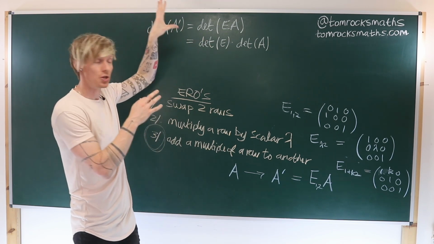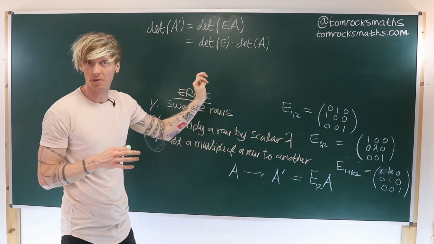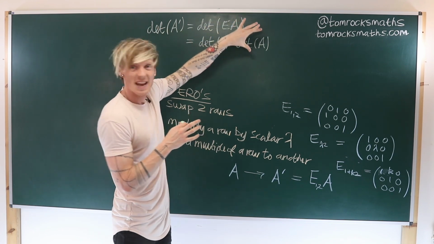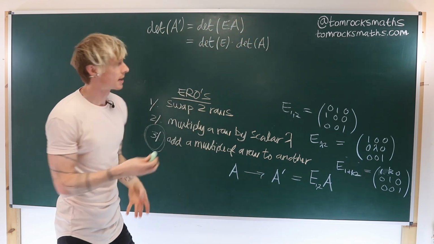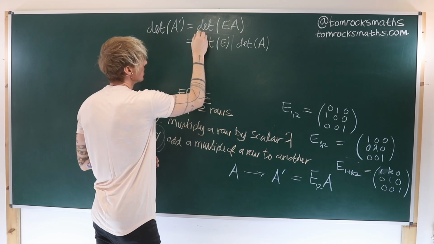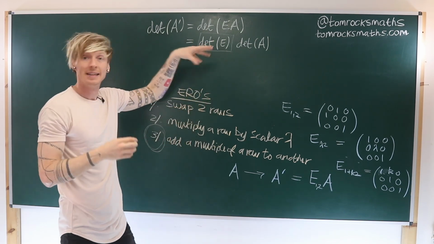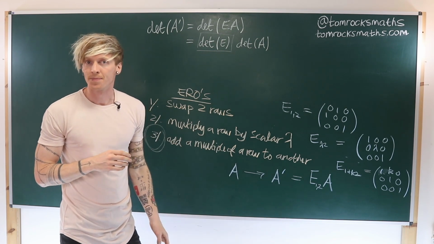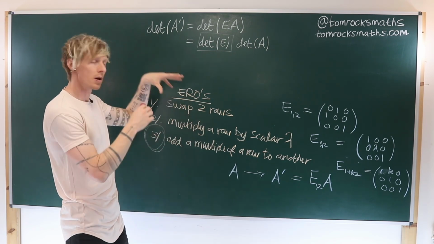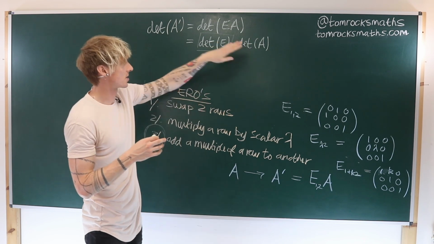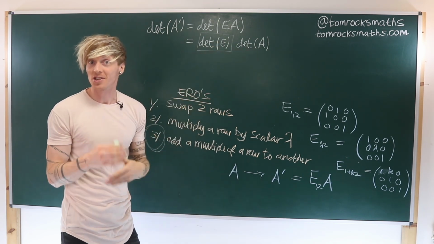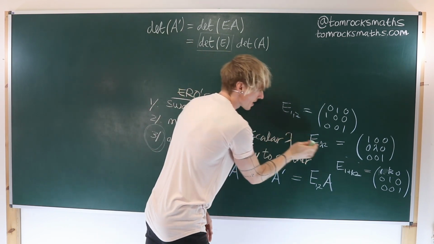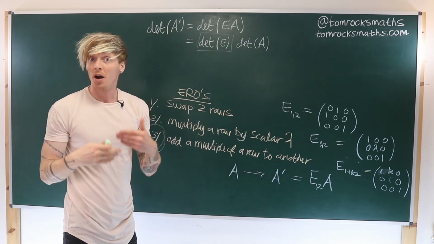Now, using this property, we can say our determinant of A will be modified by whatever the determinant of E is, where E is one of our EROs. So in order to know how an elementary row operation affects the determinant, we actually just need to know what is the determinant of our three types of elementary row operation.